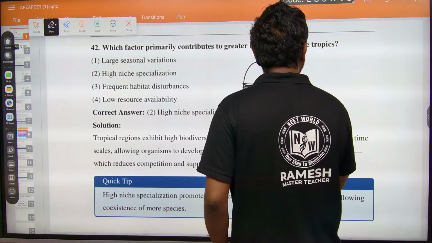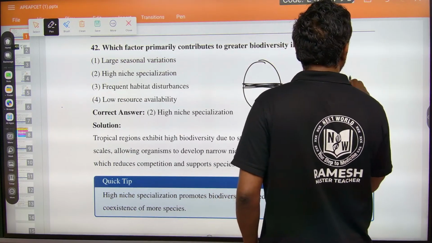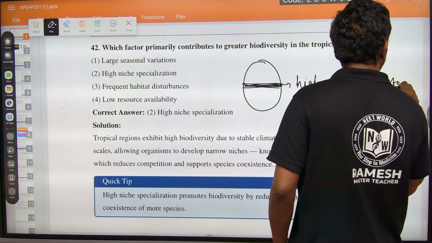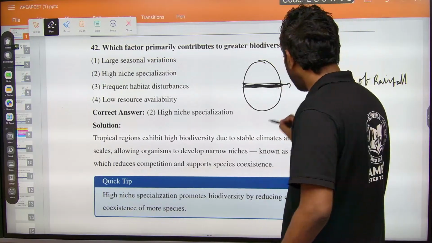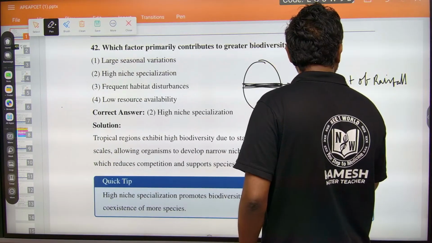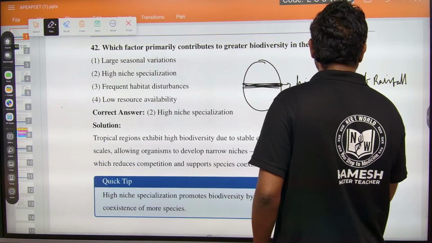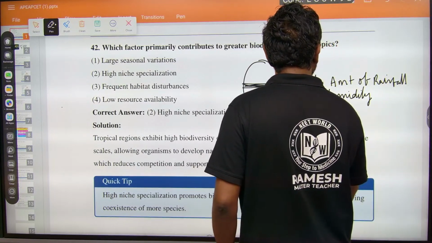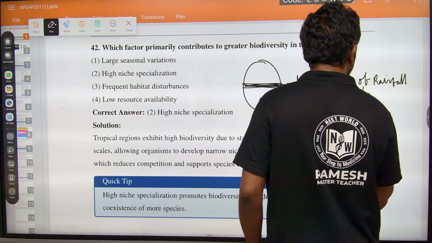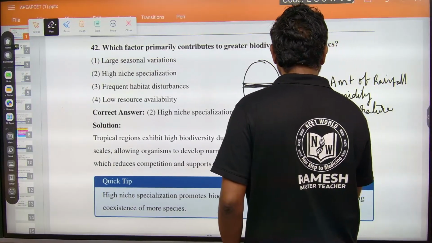The equatorial region has a high amount of rainfall, high humidity, high temperature and a high canopy.